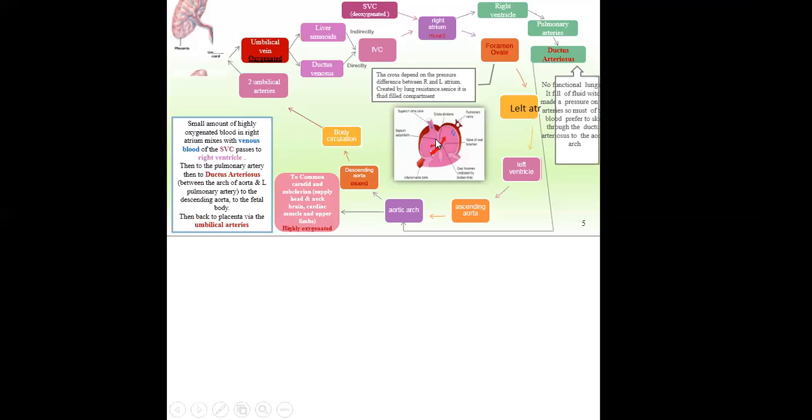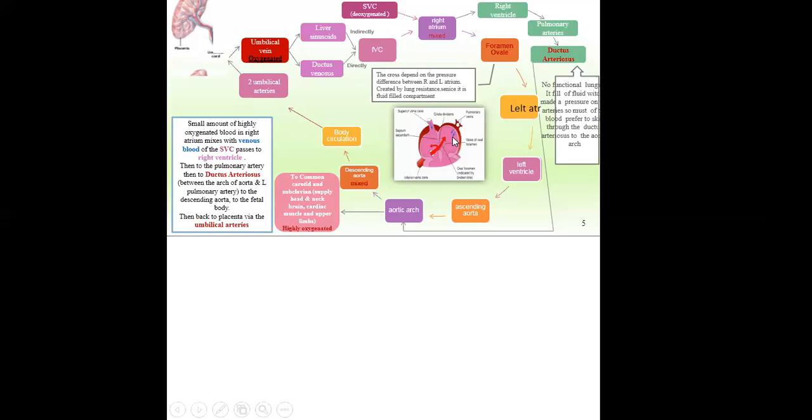This is the septum secundum, and its free end is called the crista dividens. This directs the highly oxygenated blood to the left atrium.